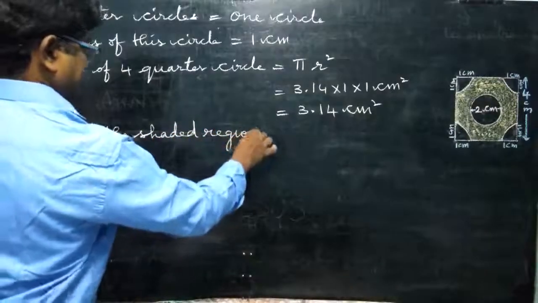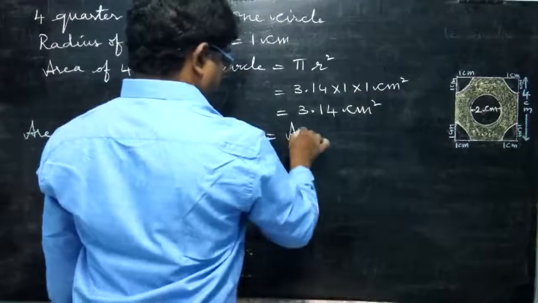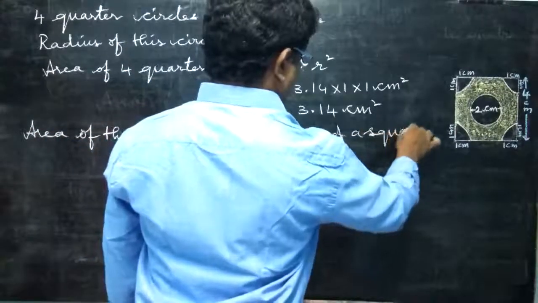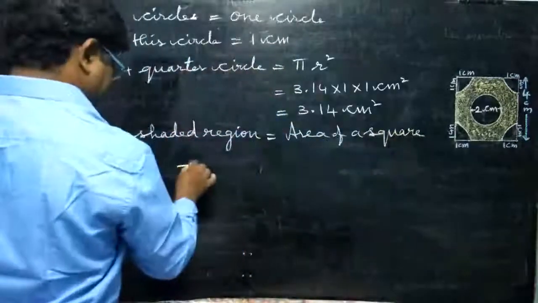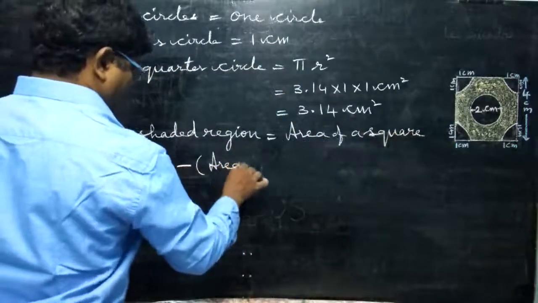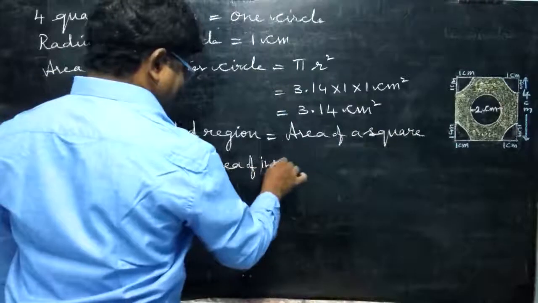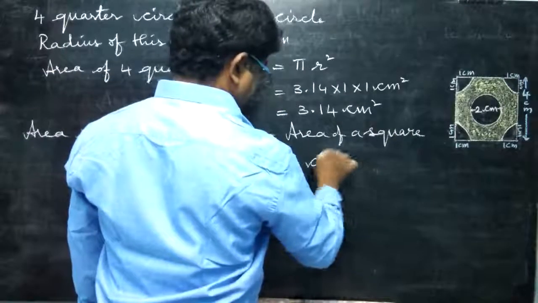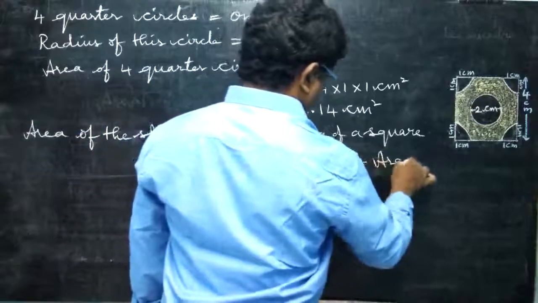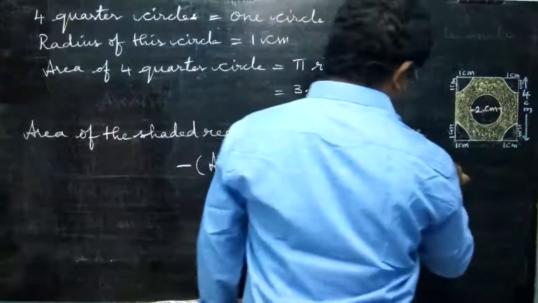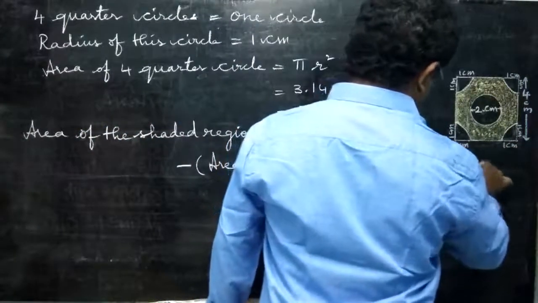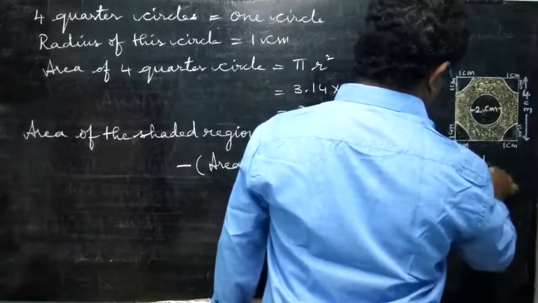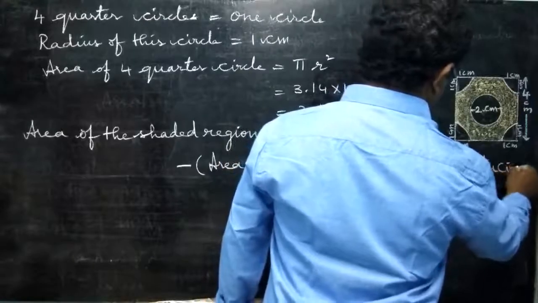The shaded region is equal to the area of the square minus the area of the inside circle plus the area of the four quarter circles.